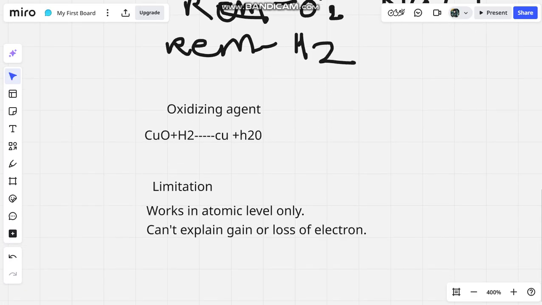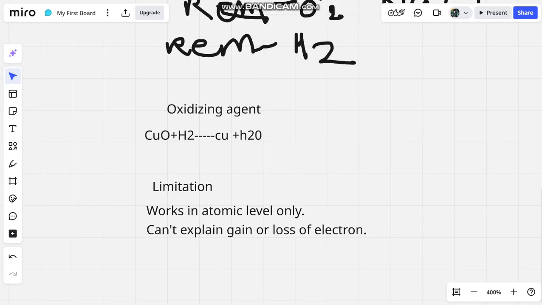Now we're going to be looking at oxidizing agent. What is an oxidizing agent? What is a reducing agent? What is oxidant? What is reductant? Well, oxidizing agent and oxidant are the same thing. Reductant and reducing agent are the same thing. Let me give you this example: CuO plus H2 results in Cu plus H2O.